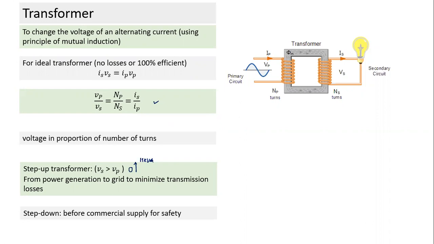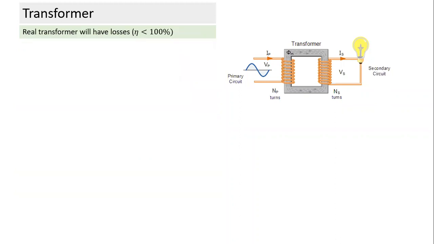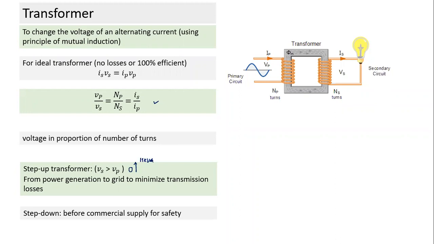And if you read some history, there was a lot of debate, when electricity was slowly gaining popularity as an important source of energy, about whether it should be AC or DC, which one is better. And one of the key benefits of AC was that it is very easy to change the voltage.